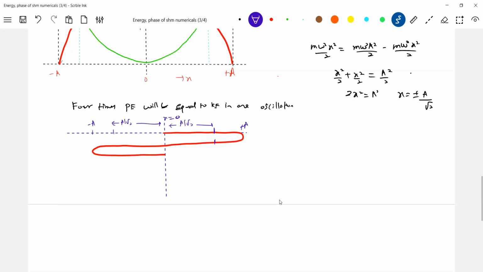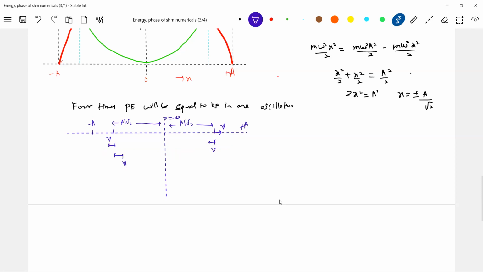So how many times can you see it? Once it is moving like this, here it will have velocity. A student must have this understanding of SHM. Actually, this is for your understanding purpose.